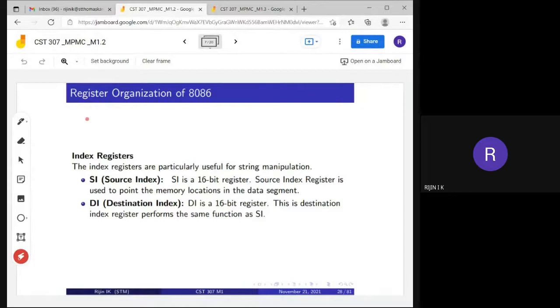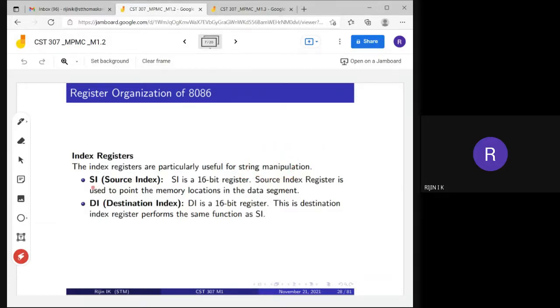In 8086 there are two index registers, that is source index and destination index register. Both are 16-bit registers. These index registers are mainly used for string manipulation operations.